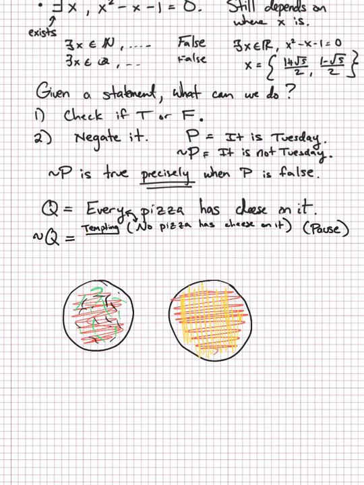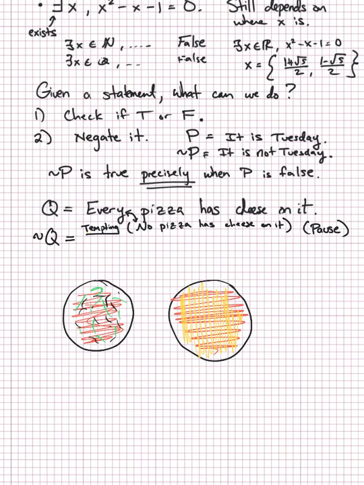Well, we said the negation of a statement is true exactly when the statement is false, right? But in this case, I've drawn a pizza. One of them has cheese, and the other one doesn't. It has something on it, peppers and something. Okay.